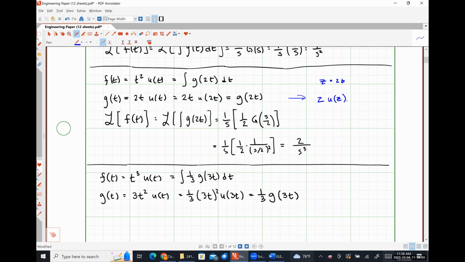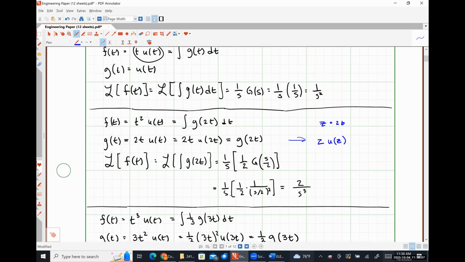The Laplace transform of z u of z is 1 over s squared from our previous step. Going backwards, adding that scaling factor in is going to give us a factor of 1/2 here, and it's going to look like s over 2 here. So that's how we're doing this. Okay.